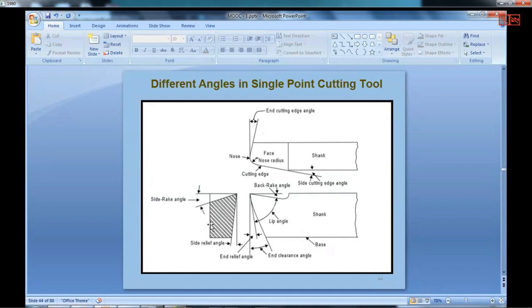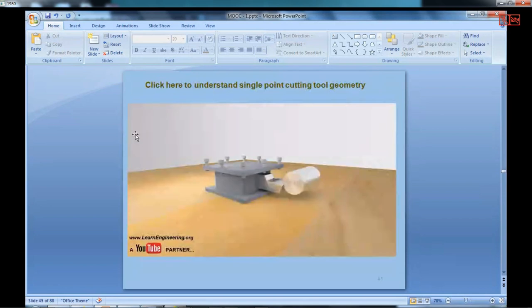The side rake angle is also seen here. The side relief angle has been shown from a different view. This diagram, you should remember it and it should go into your mind. It is very important for understanding the machining process and also from the point of view of examination.